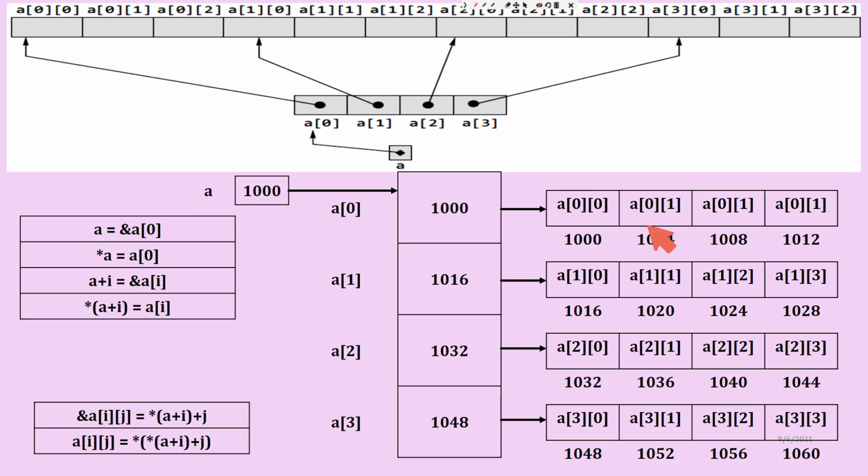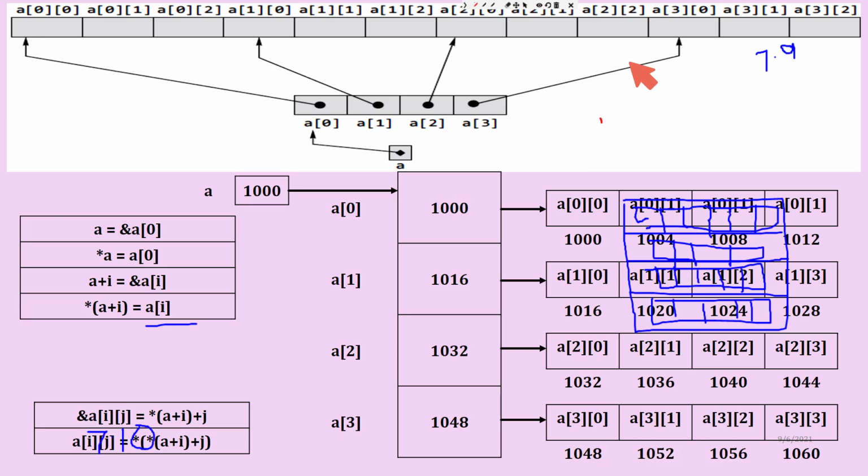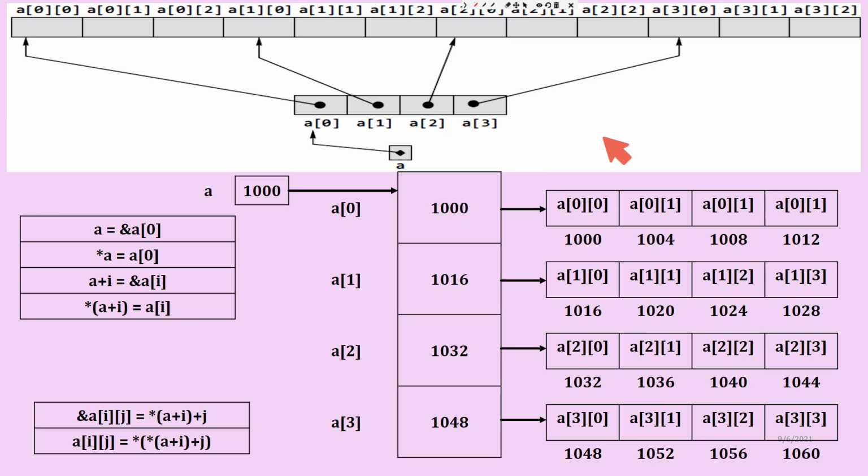So here this is the actual array. This is the first row. This is the second row. This is the third row. This is the fourth row. Let it be an integer array, a two-dimensional array, int A of 4. Listen carefully. If you can understand this diagram and the internal working, it will be very easy to study.